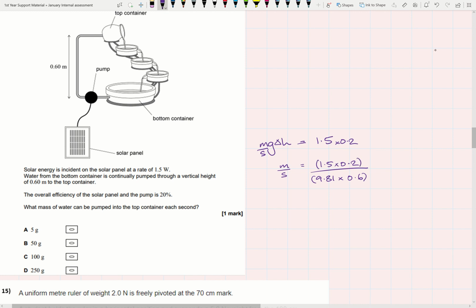That gives me 0.0509..., etc. So that's 0.05 kilograms, and in grams that is 50 grams.